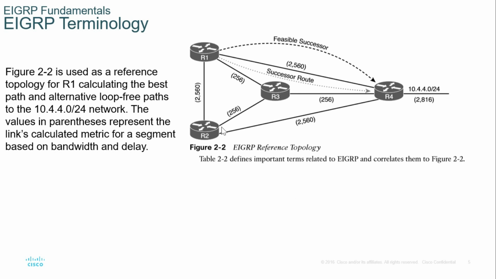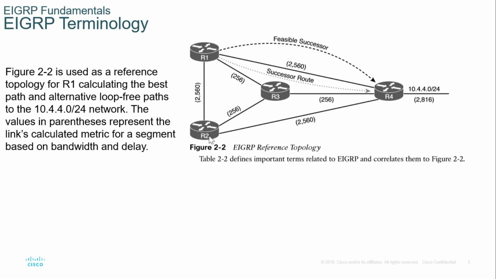Okay, so kalau dekat R2, dia ada 2 jalan nak ke R4, sama ada lalu sini atau lalu sini. Bila dia tambah semua ni, let's say between these two, the distance 2560 is the best path. Jadi dia akan report kepada R1 mengatakan my reported distance is 2560.